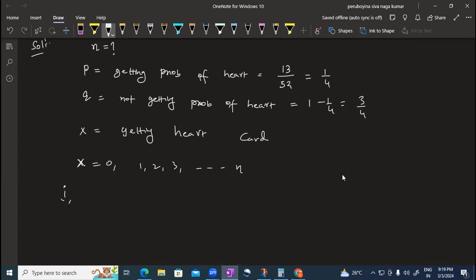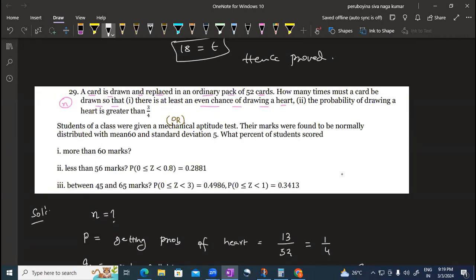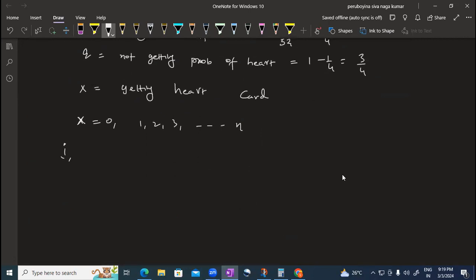For the first question, it says there is at least an even chance of drawing a heart card. At least even chance of getting heart card, he says. So let us take P of 0 to be the event and it is less than p value.